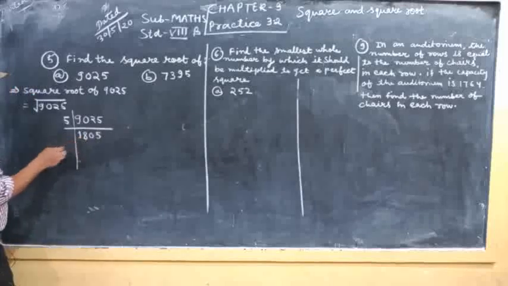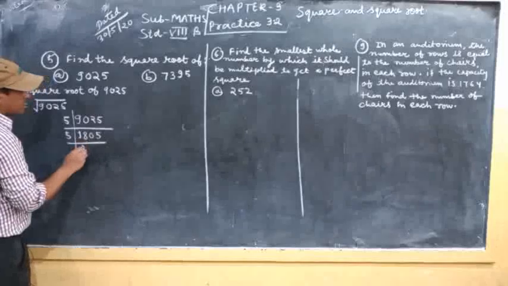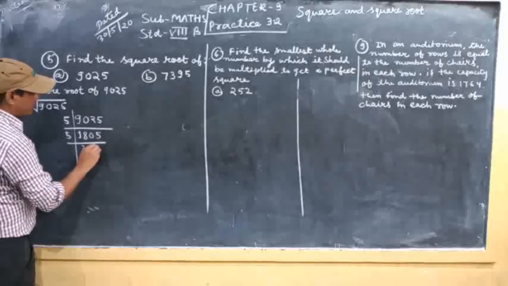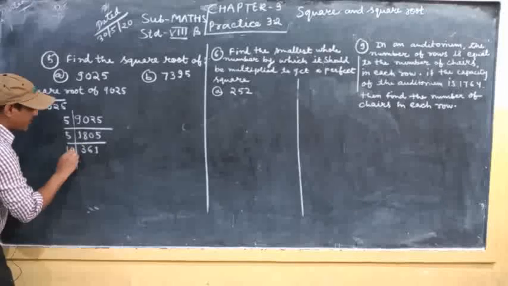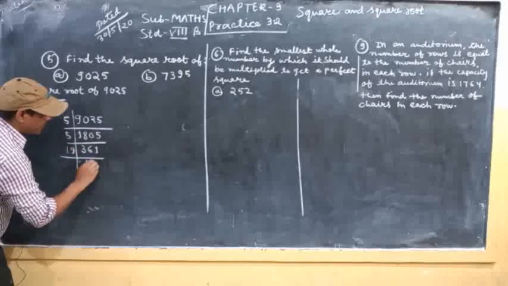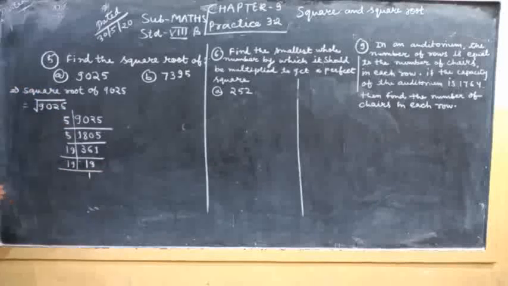Again this number is divisible by 5, so we write 361. As we know, 361 is the square of 19, so this number is divisible by 19. We write 19, and 19 divided by 19 is 1.